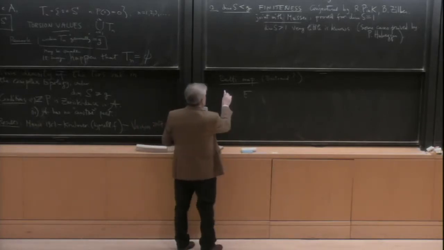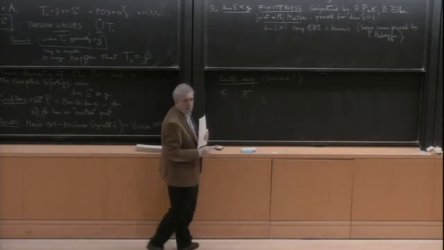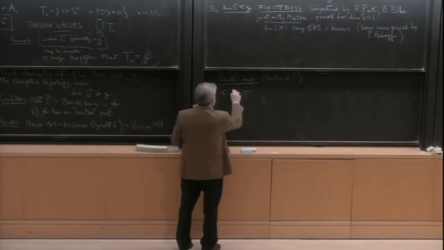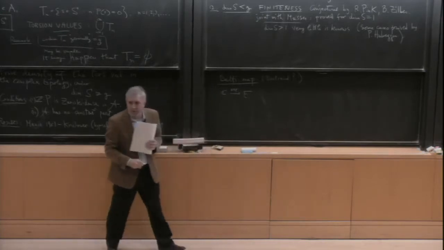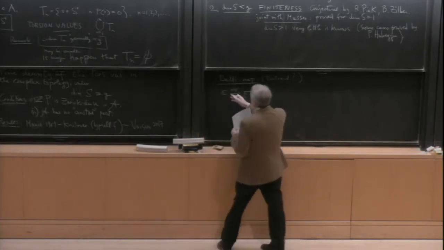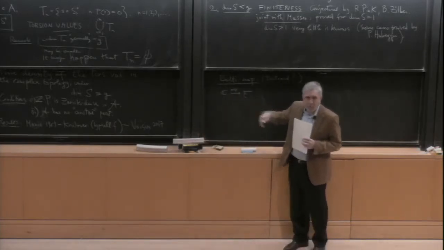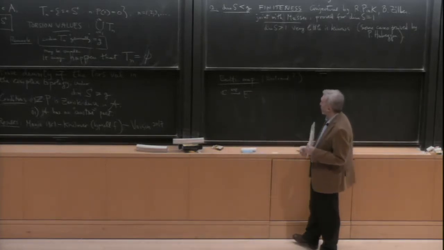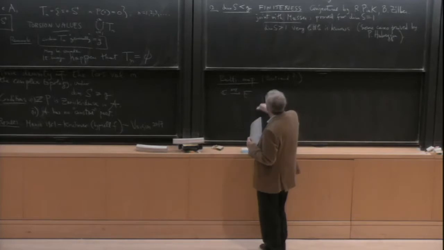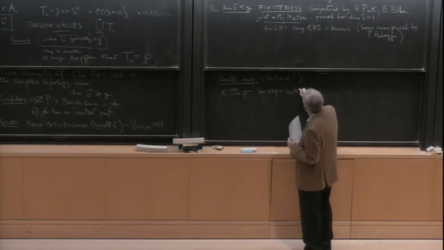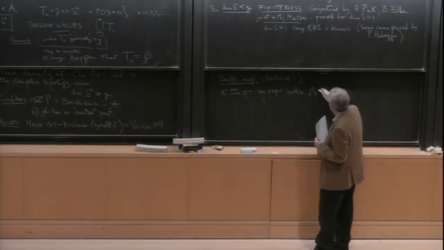So there is a tangent space at the origin, which is identified with C, and there is an exponential map, elliptic exponential, and this map is a homomorphism from the additive group of C to the complex points of E, and the kernel of this map is a lattice. Let me denote it by lambda.